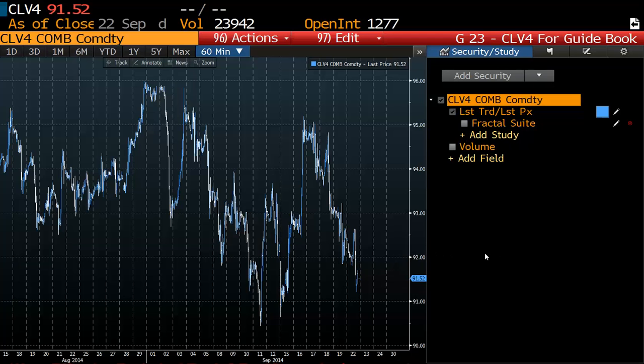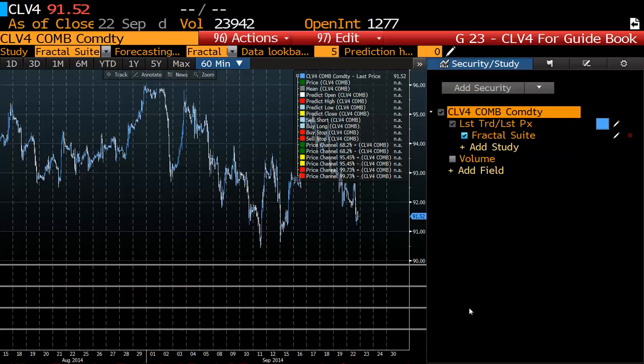So to begin with, let me show you how to activate the Fractal Suite. You can see here that I already have placed it under my security study column, and I'm going to check mark it, which now has activated the suite itself. However, none of the indicators in the suite or the predictors have been turned on, so to speak.